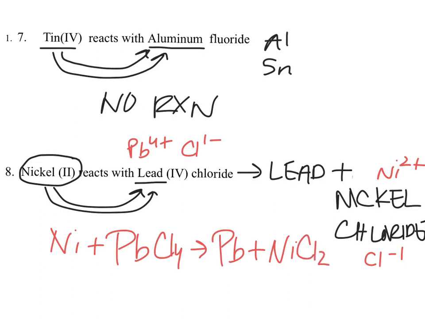To balance this out, this shouldn't be too tough. You need 4 chlorines, so you put a 2 there and a 2 there to balance everything out, and you should be good. Again, these are single replacement reactions, so the cations can swap out if the original metal that's by itself is stronger than the metal or cation that is in the ionic compound.